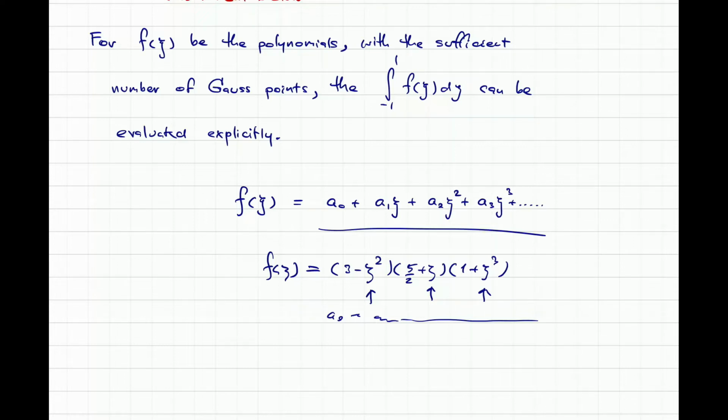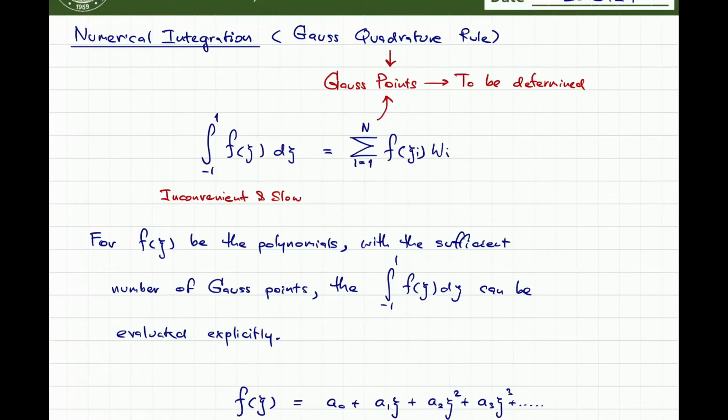You don't need to expand it. You evaluate the numbers. That is easy. You drop it in, the computer loves this, right? And then once you get f at c_i, you multiply by w_i. The w is the weight of each integration point.